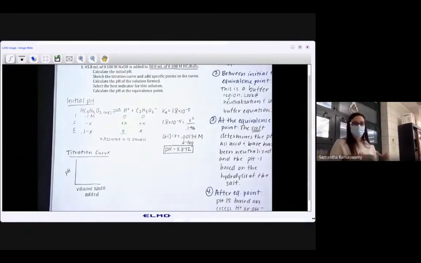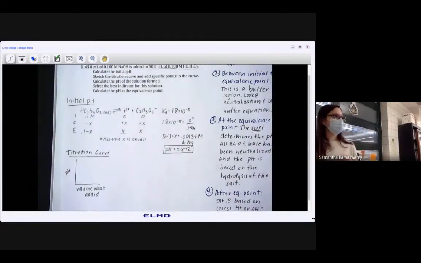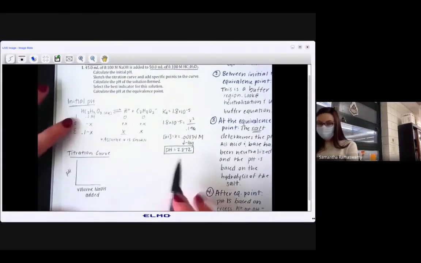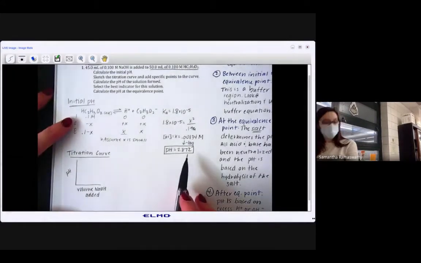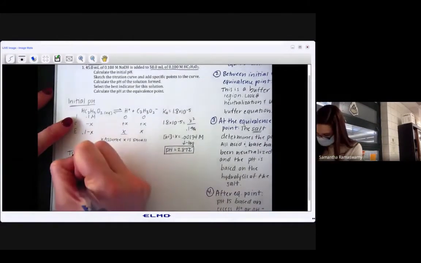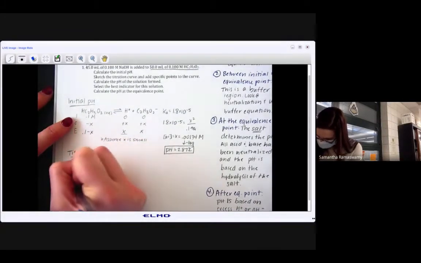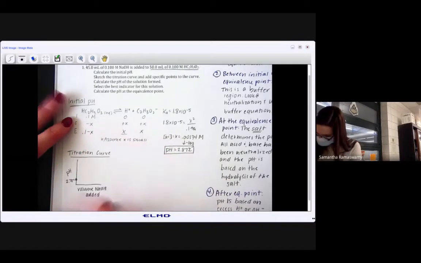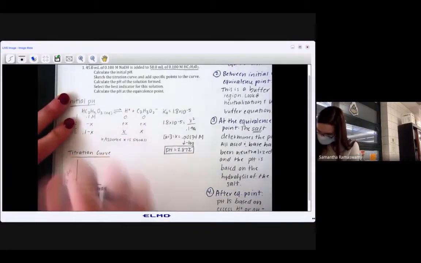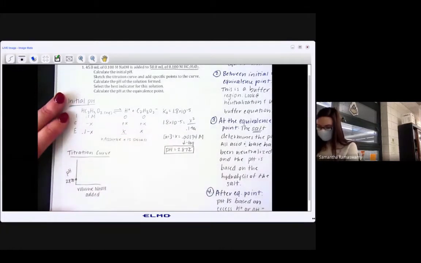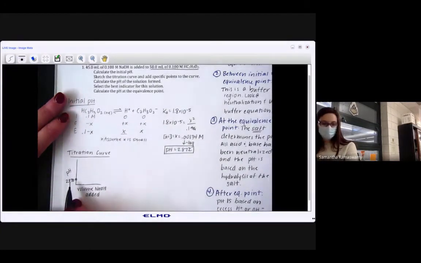So we start with our axes, our x and our y axis. We just calculated the initial pH. So we know where we should be starting. Just put a dot here. 2.872. So my initial pH, 2.872.